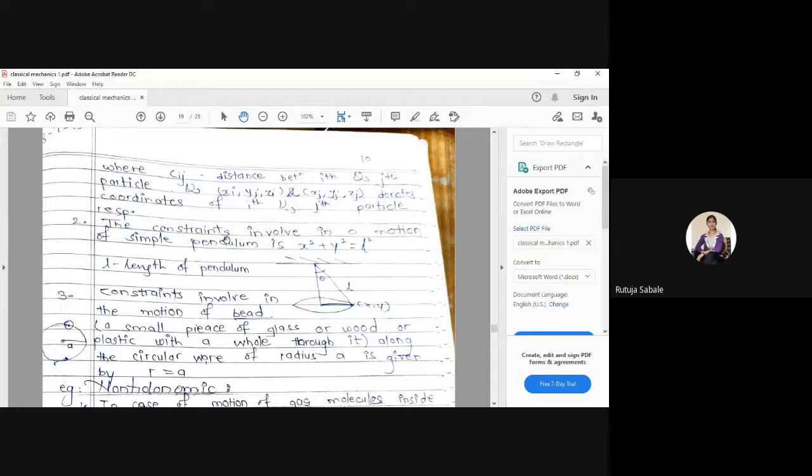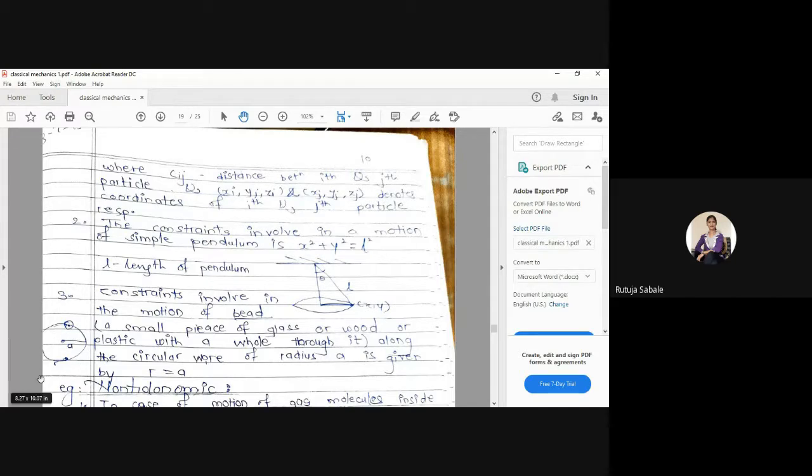Here also, the motion of a simple pendulum we wrote as an equation, x square plus y square is equal to L square. You can see the image here: we have this wooden particle with a wire or thread through it, and the motion of the wood will be restricted to move along the wire itself.